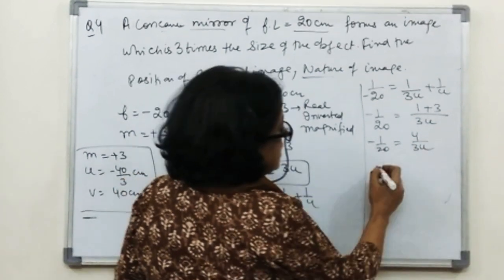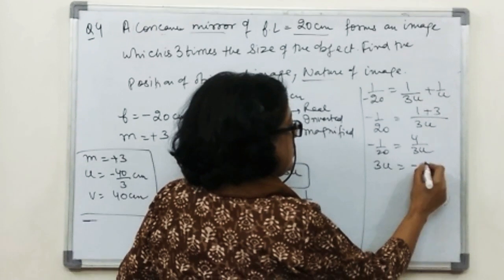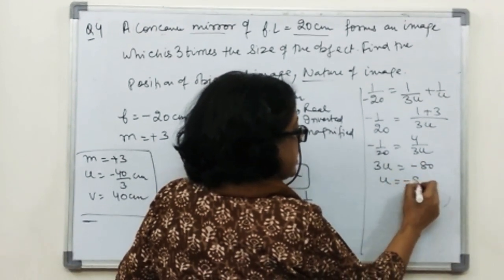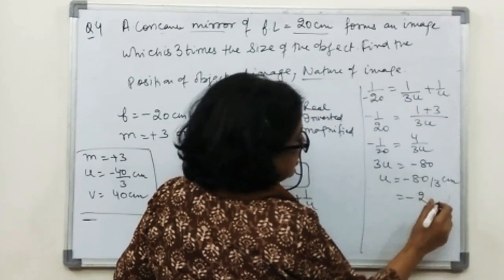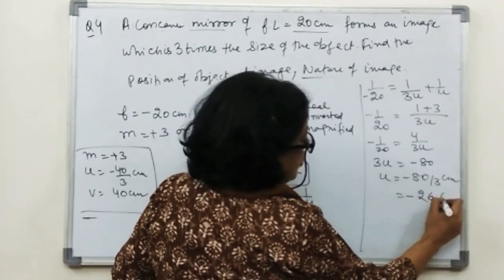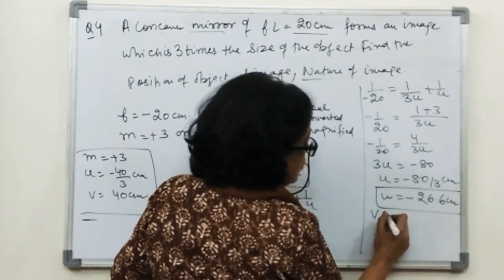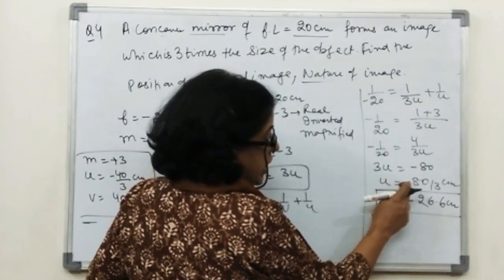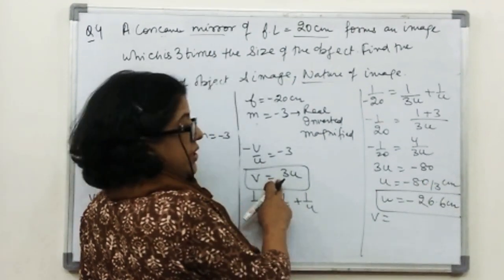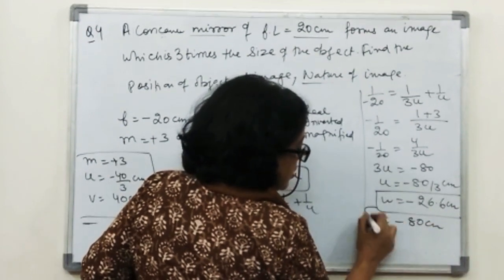And if you cross multiply, you get U is equal to minus 80 by 3 centimeters, or minus 26.6 centimeters, and V will be equal to 3U. That means 3 into this. There's no minus sign here, please see. So it will be minus 80 centimeters.